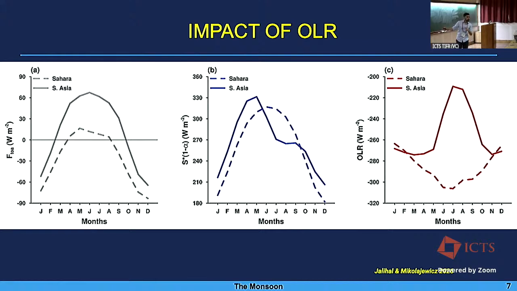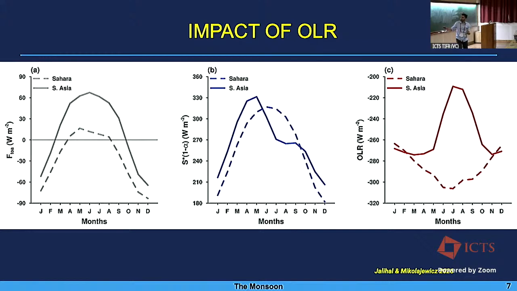This is absorbed shortwave, and this is OLR. Now, because South Asia and Sahara are at similar latitudes, they receive similar solar radiation, and there is no major contribution of albedo between the two regions. There is some difference here.